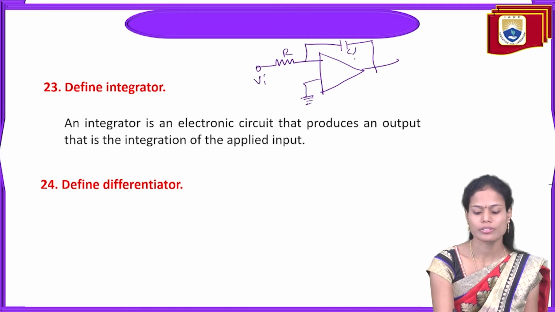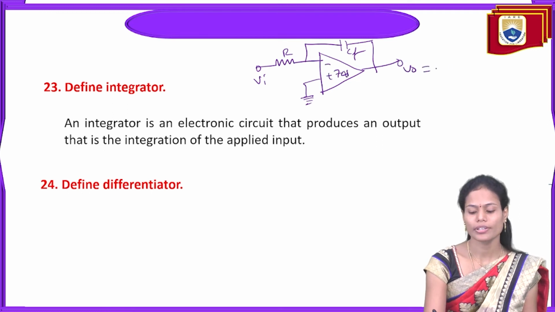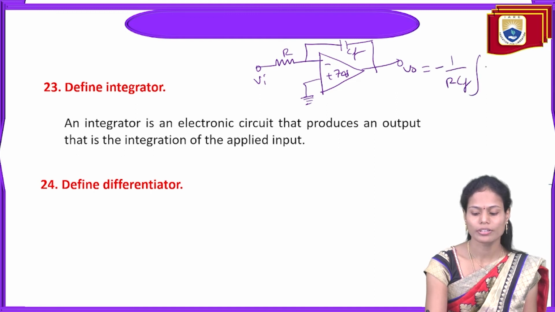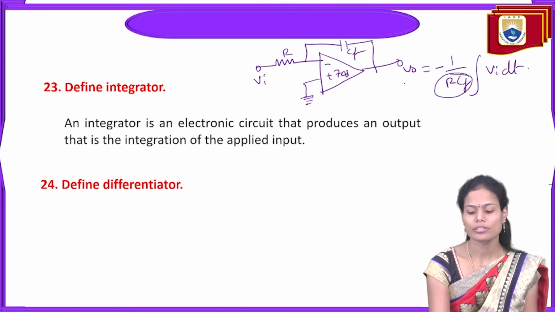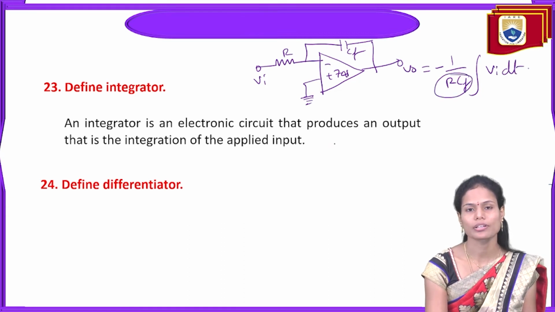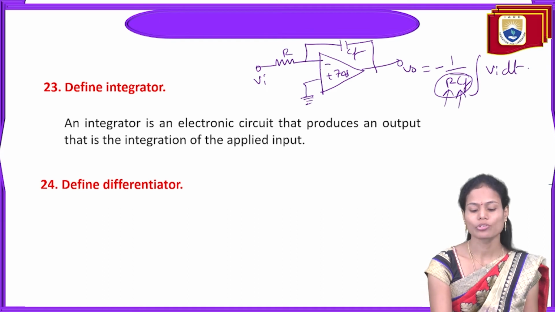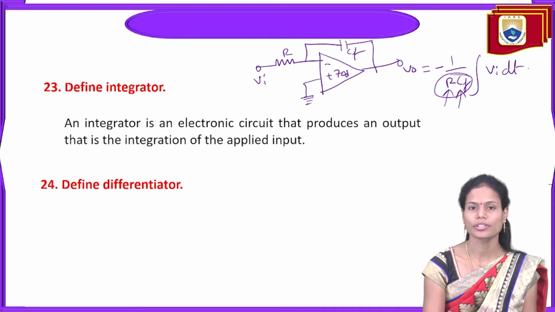This is resistance, this is capacitance. So here we will get it as minus 1 by RCF integral of VA dt here. So here RCF is nothing but the time constant of the circuit, and the time constant of the circuit always depends upon how much resistance and how much capacitance we are utilizing to design this integrator circuit.